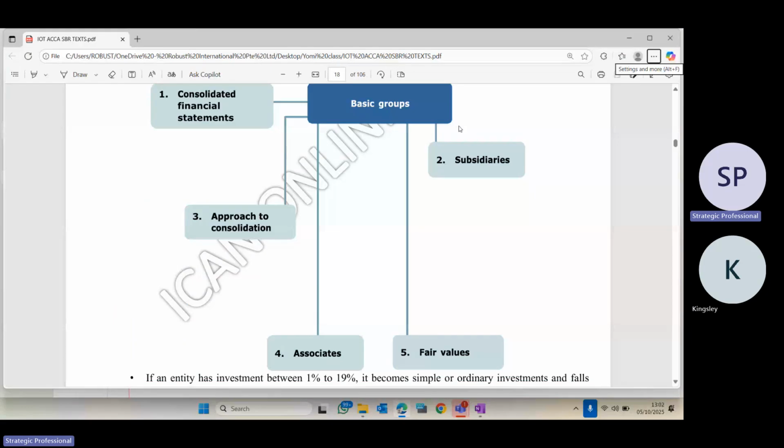Today, we shall be examining some group financial statements, the financial statements of a group entity.